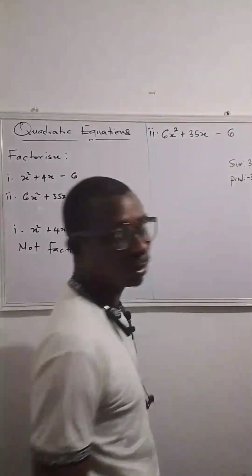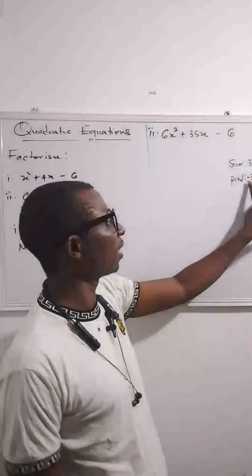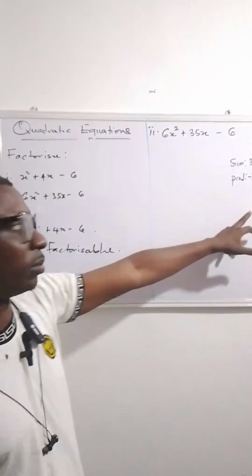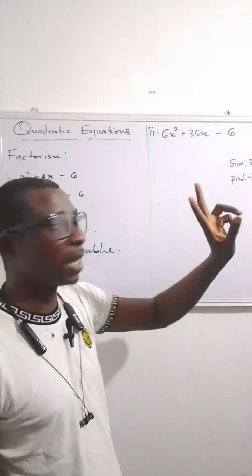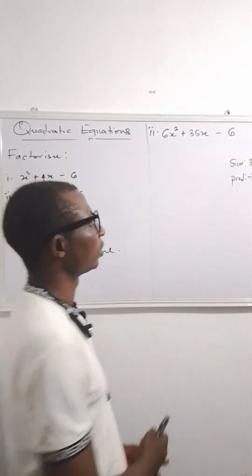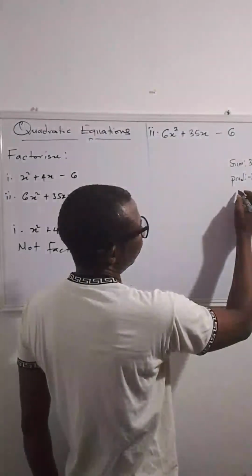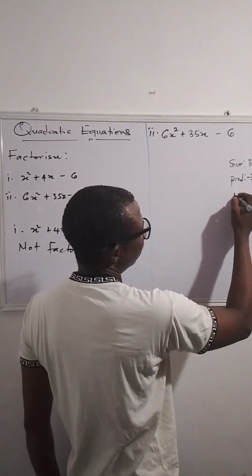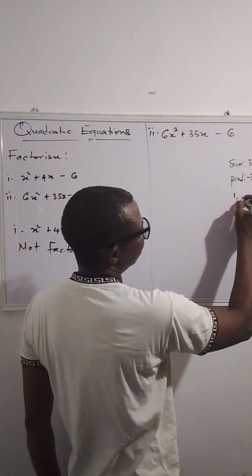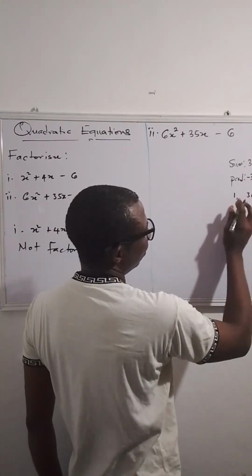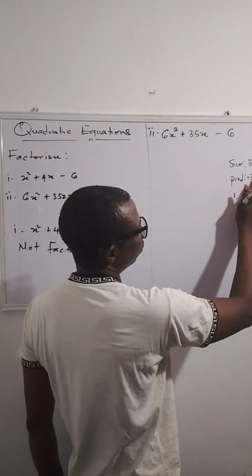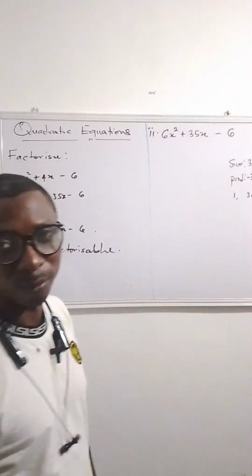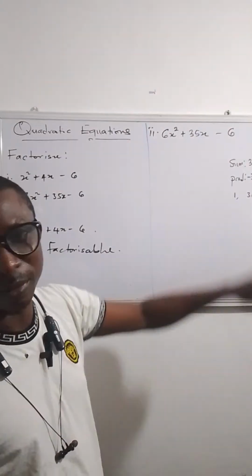All right, I told you that the two numbers must be factors of minus 36. So what are the factors? We have 1 and 36. When you multiply these together, it gives you plus 36, but what we have there is minus 36.